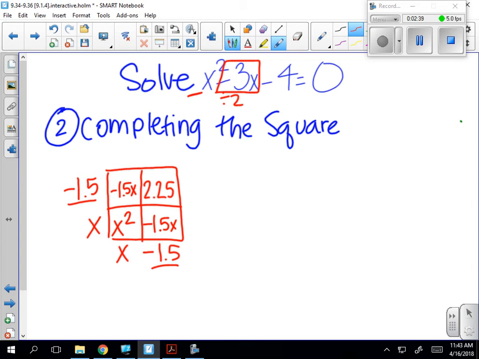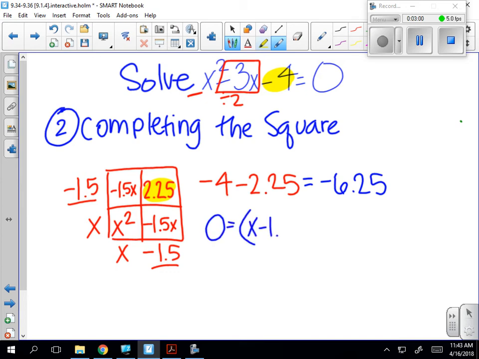So you're going to compare negative 4 minus 2.25. You always take what you started with minus what you have now. And so I found out that actually I have to subtract 6.25 to stay even. So my vertex form is 0 equals x minus 1.5 squared minus 6.25.